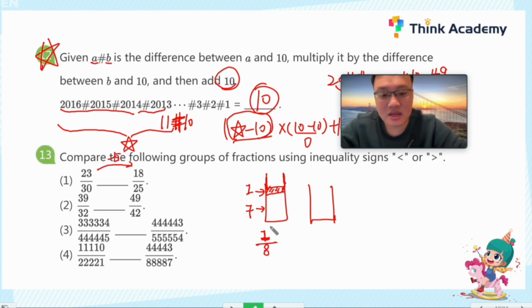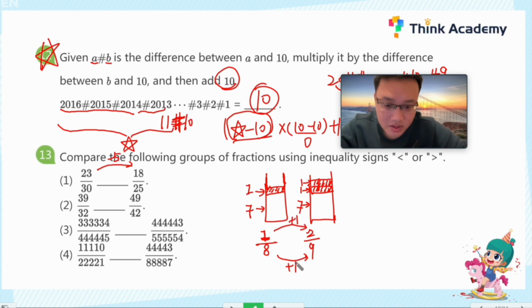In total, that's 1 over 1 plus 7, which is 1 over 8. And then you just add 1 more sugar into it. Add 1 more. So it's 2 parts sugar, 7 parts water. And this time you will see that it's 2 over 9. So you add 1 to the denominator and 1 to the numerator, and can you tell me which one is sweeter? Of course, the second one is sweeter.